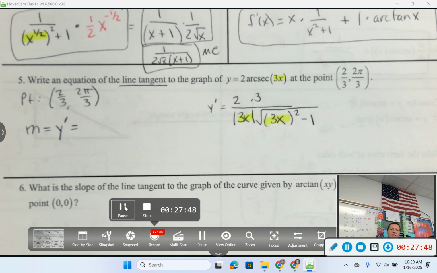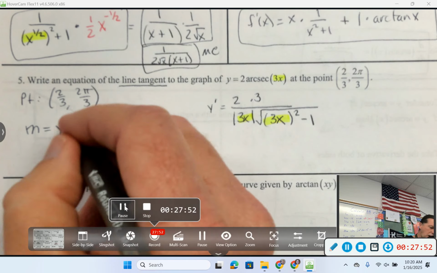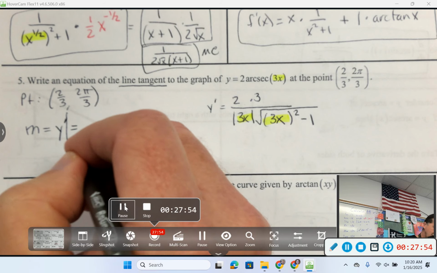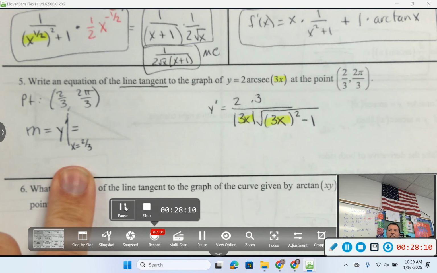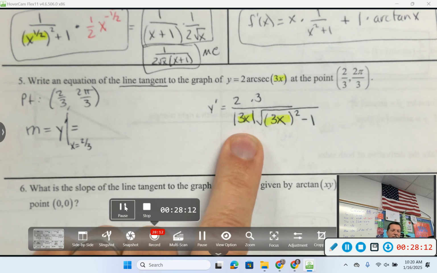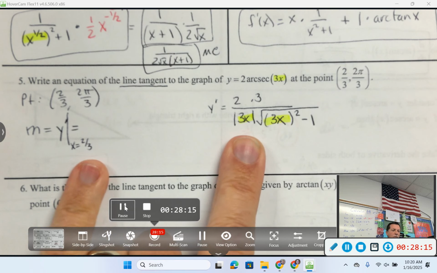Now that is y prime, but I don't really want y prime. I want y prime at x equals 2/3. So now I need to plug 2/3 in everywhere. I'm thinking, do I want to reduce the 3's or do I not want to reduce the 3's? Because I'm about to plug in 2/3. It might be easier if I leave that 3 there, because 3 times 2/3 makes my life easier.